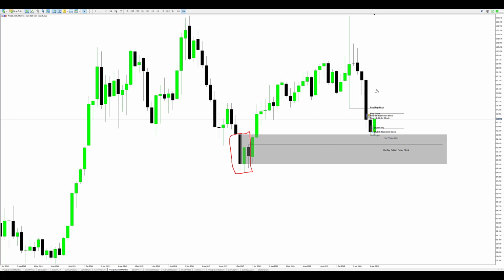I highlighted when price was still up here that this area is the one where we're going to be hunting for long trades, and that's where we're going to be anticipating the dollar to stage probably a mini comeback, or whether it's going to be a sustained comeback, because already we've seen that the dollar has been under pressure the whole of the COVID period.